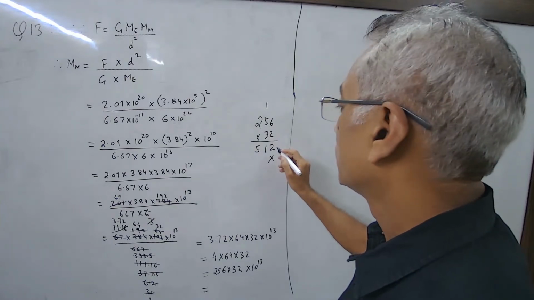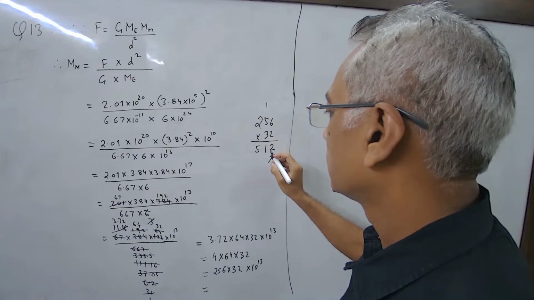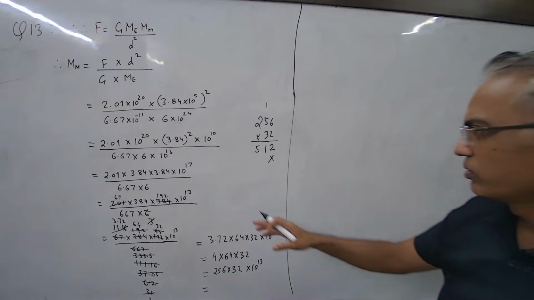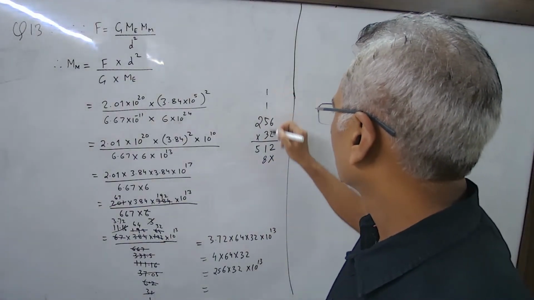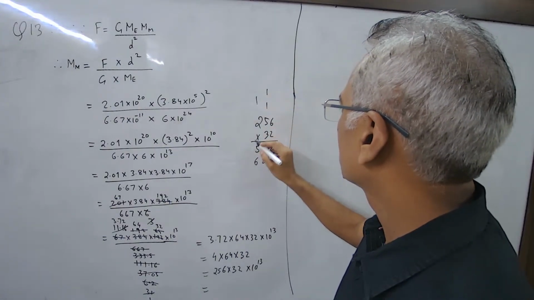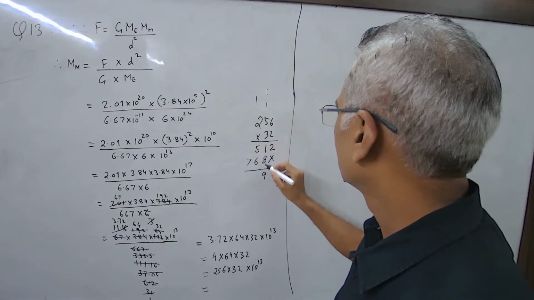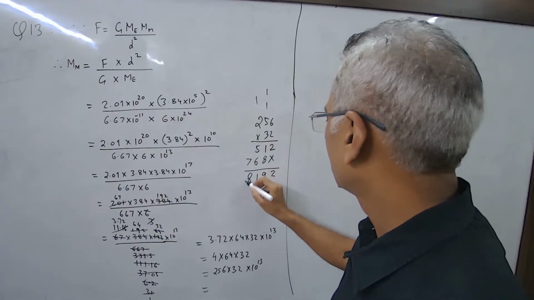How much is this? 18. Instead, we could have done something else. 3 6 are 18. 1. 3 5 are 15 plus 1 16. 3 2 are 6 plus 1 7. 9. 5 6 11. 8.